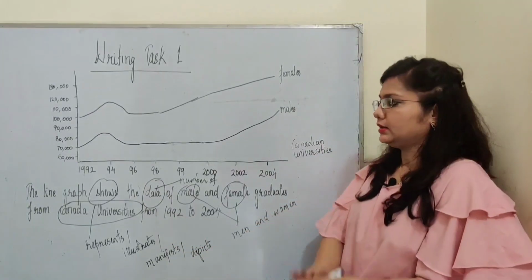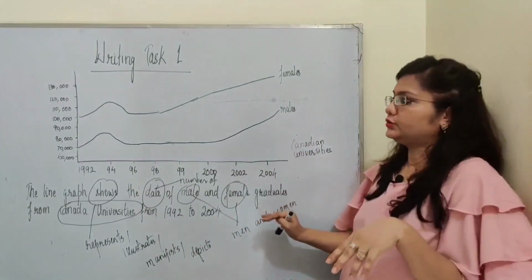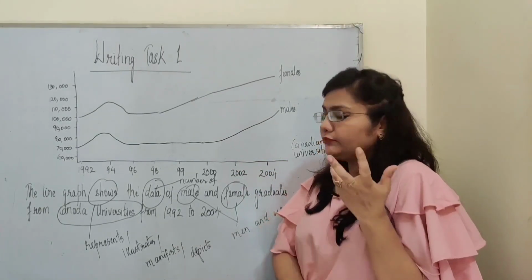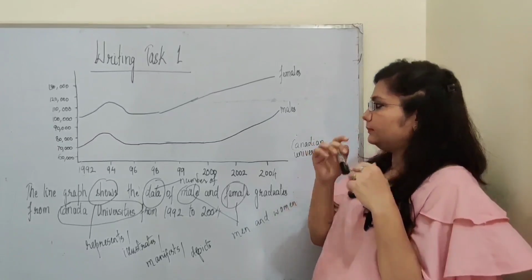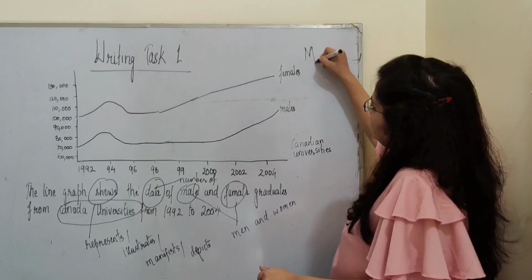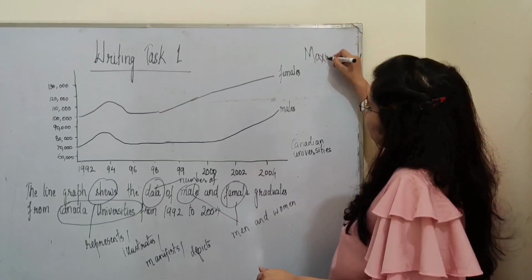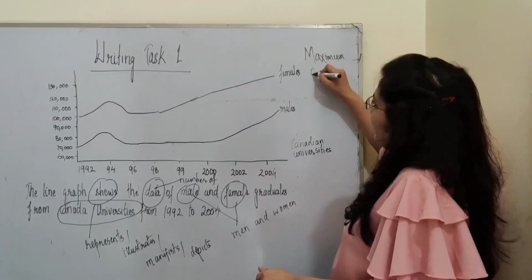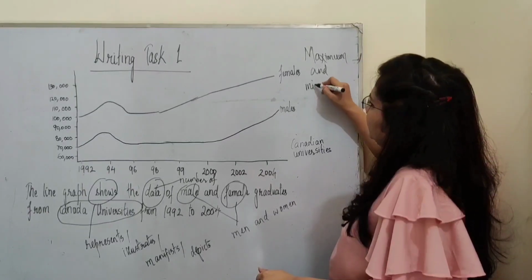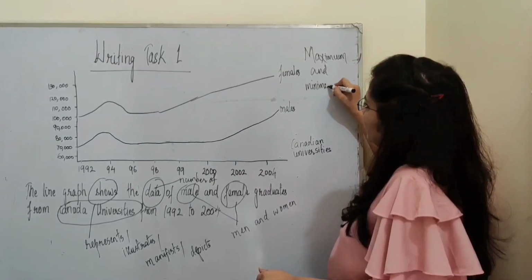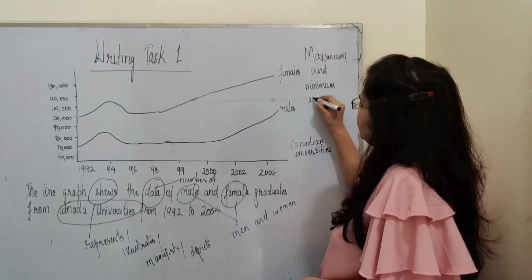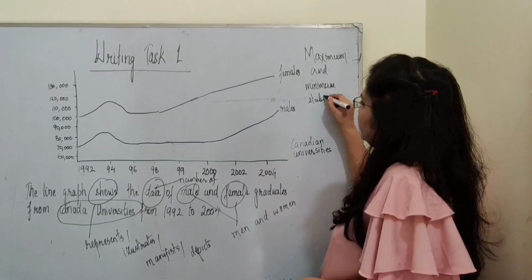No problem in that. After that, you will do the overall analysis. In overall analysis, what we are going to write? Always remember that you need to mention only the maximum and the minimum, along with if there is stability.